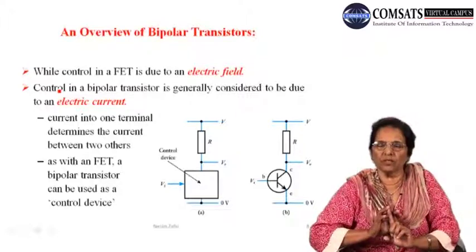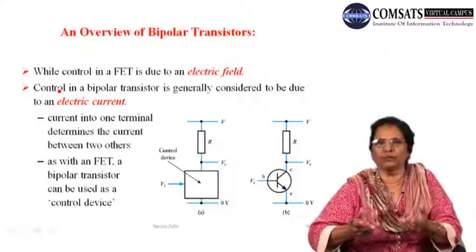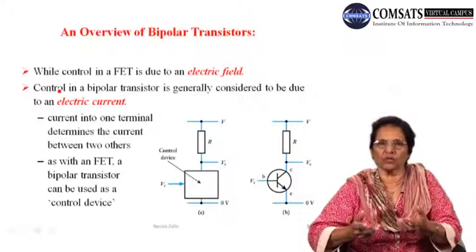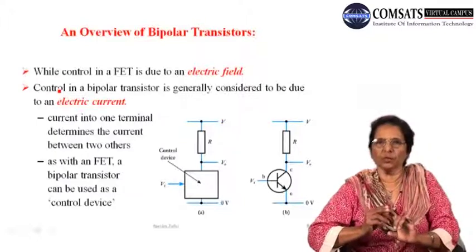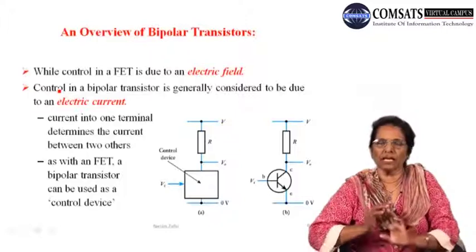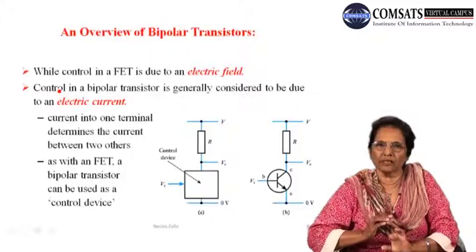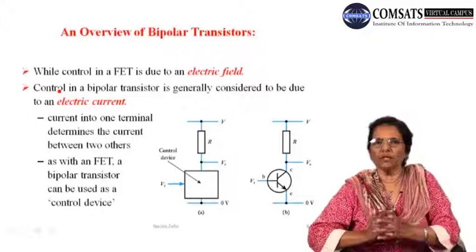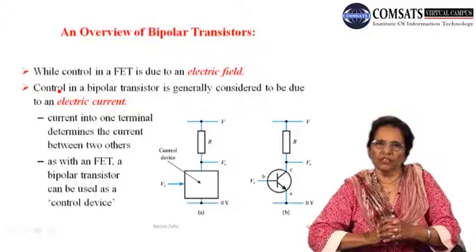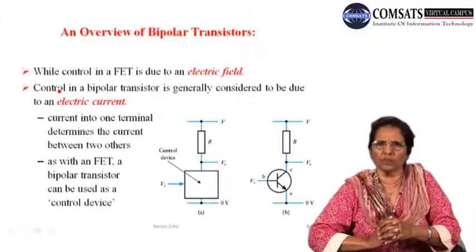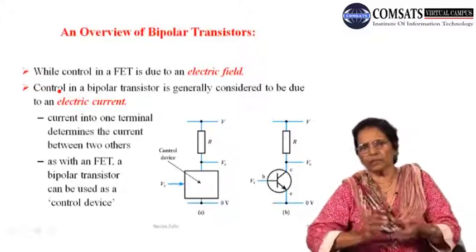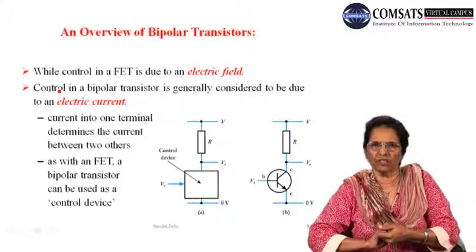One was the common base configuration, because base happens to be common in the physical structure of the transistor. And then we have the most commonly employed configuration, which is the common emitter configuration, and thirdly we have the common collector configuration. But in normal operation of the bipolar junction devices, we mostly use the common base or the common emitter configuration, whether it is a PNP transistor or NPN transistor.